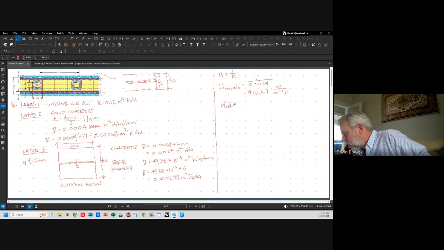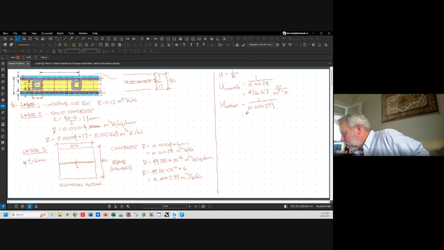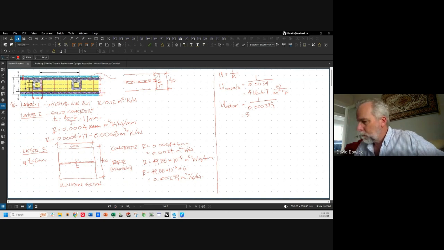U of the rebar equals 1 over 0.0000299, which is 3344.5 watts per meter squared degree Kelvin.